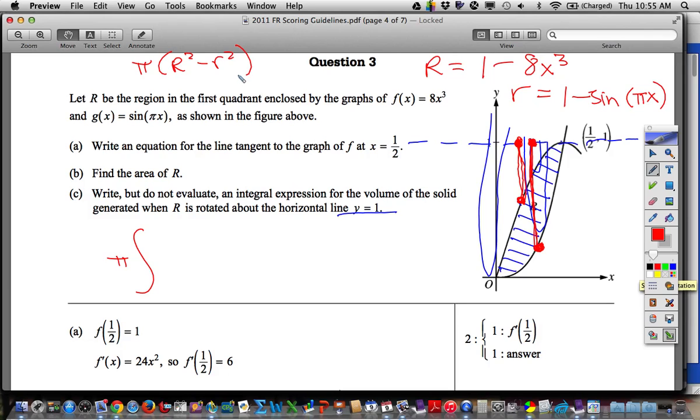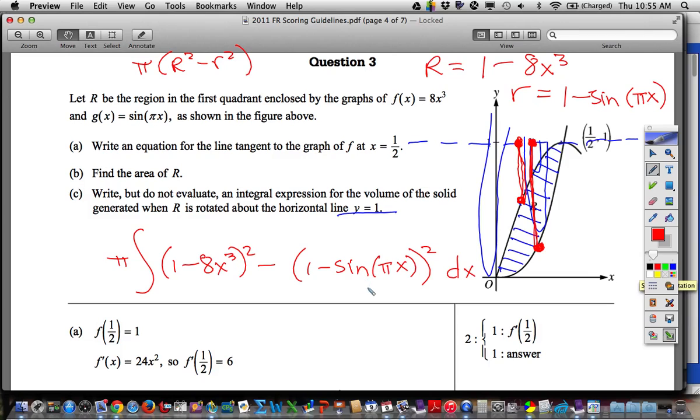So pi on the outside, then big R squared minus little r squared. I think this is a no calculator one, so you can see why that'd be a real mess to try to do. That's why they say write it out, but don't evaluate.